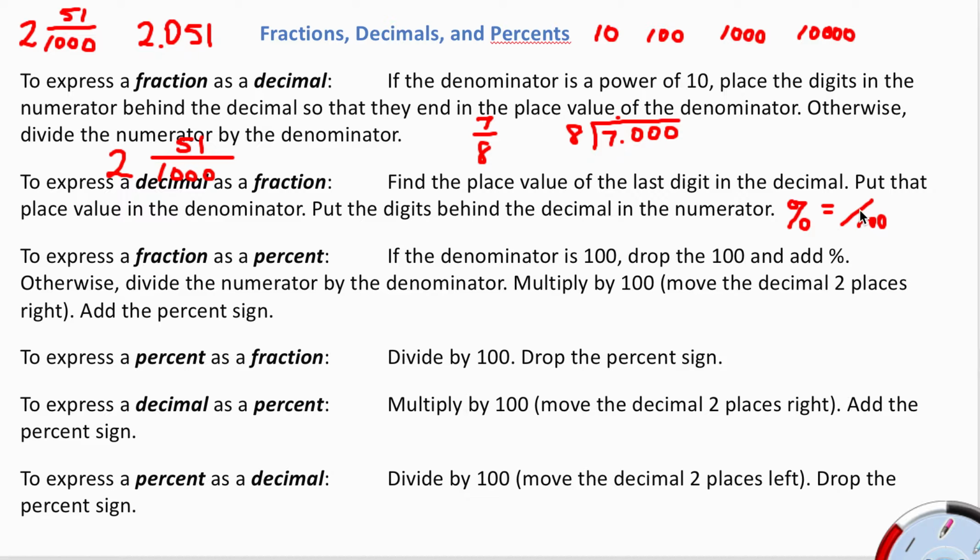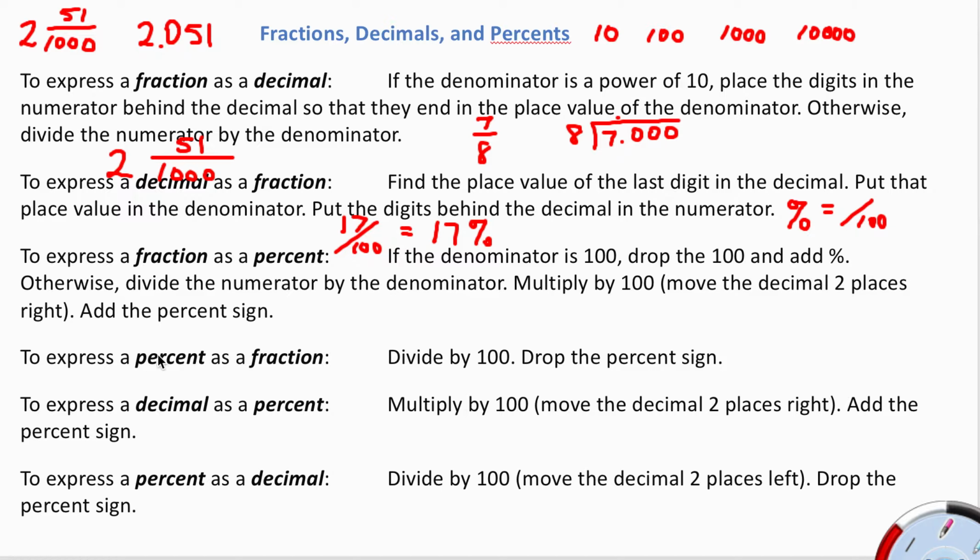So a percent and this per 100 are interchangeable.